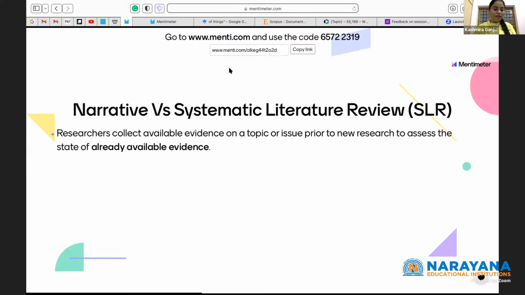Now that you have seen how to retrieve articles from different databases, let's see how to conduct a literature review. Whatever the methodology, there are different types of literature review, like narrative literature review, systematic literature review, bibliometric literature review. You can do any form, but you should understand how to frame a research objective.